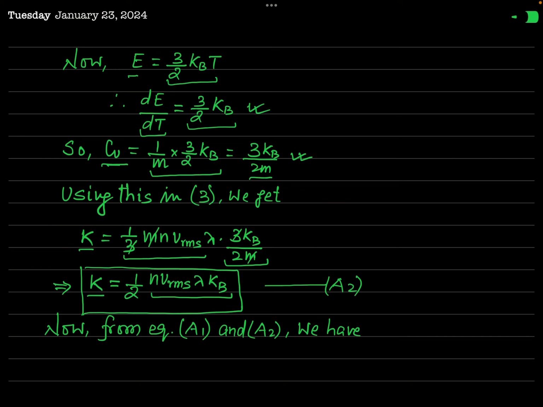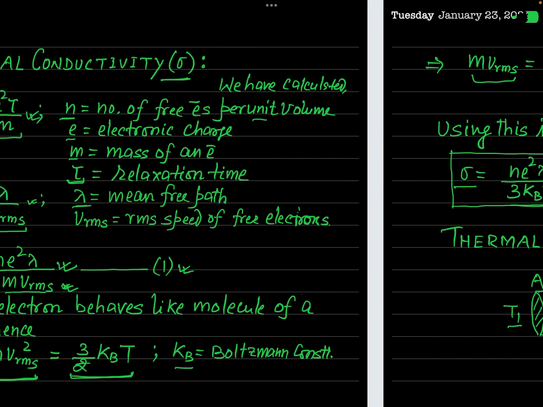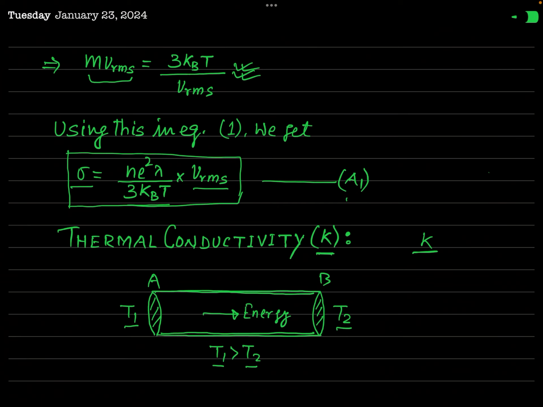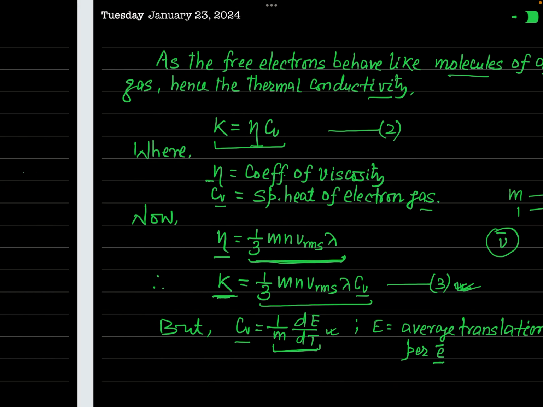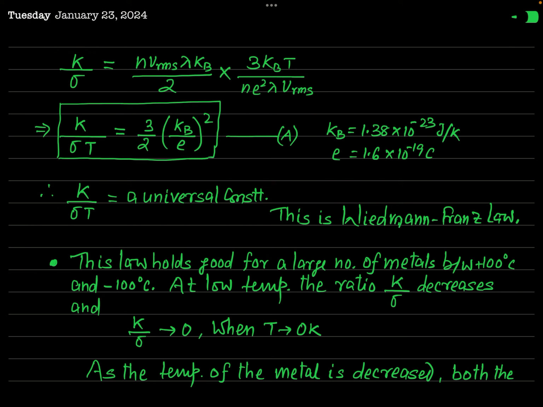Now we have obtained in equation A2 the expression for the thermal conductivity of metals, and in equation A1 the expression for the electrical conductivity sigma of the metal. Let us divide K by sigma and substitute the values of K and sigma which we obtained just now.